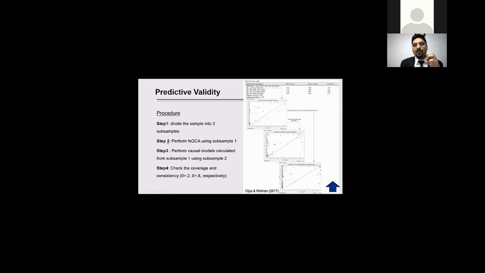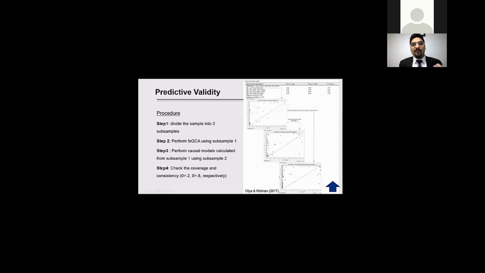So we did step 2, which is modeling fsQCA using subsample 1. Now we need to use the data of subsample 2 to model the causal recipe of subsample 1. It means that we are using another subsample to check the validity of the models that emerged from subsample 1, to see that this data gives the same and valid result. Step 4 is checking the result.